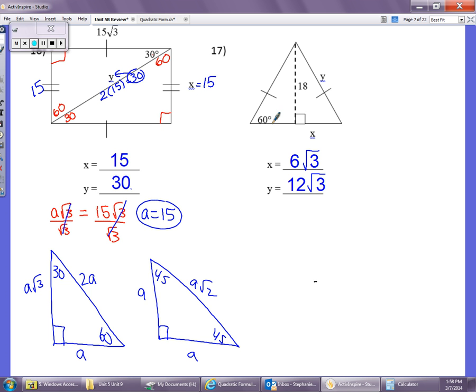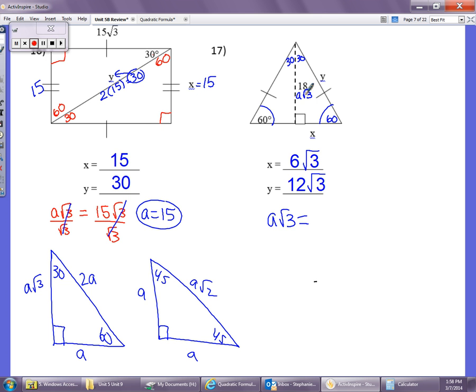Alright, looking here, again we have a 30, 60, 90 triangle. And because these two sides are congruent, that's why both of these sides can be 60 degrees. So if I look here, I notice that the side across from 60 is 18. So that means across from 60 is supposed to be a radical 3. So since this is supposed to be a radical 3 and I have no radical next to it, I have to solve for this, meaning that my a is now going to have a radical next to it.